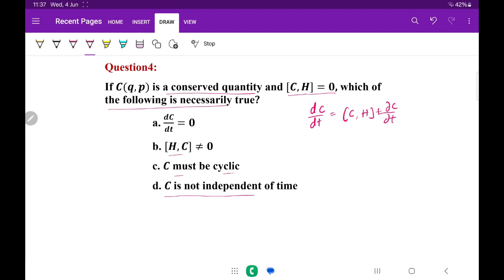If from the given data C comma H is equal to 0, then obviously dC by dt is also 0, if the partial derivative dou C by dou t is also 0. So that is, C is not time dependent.